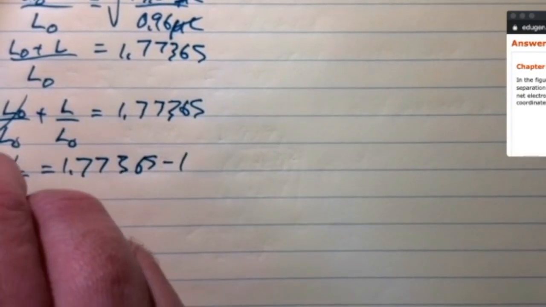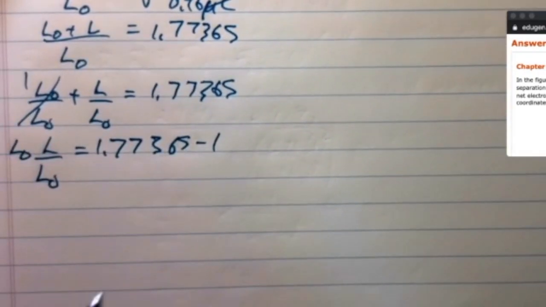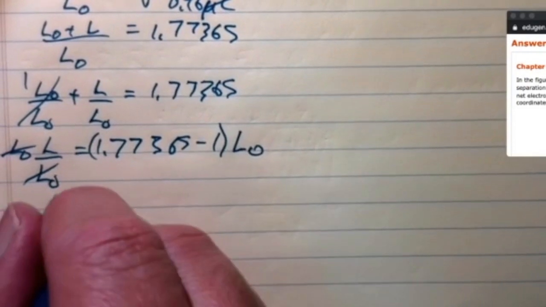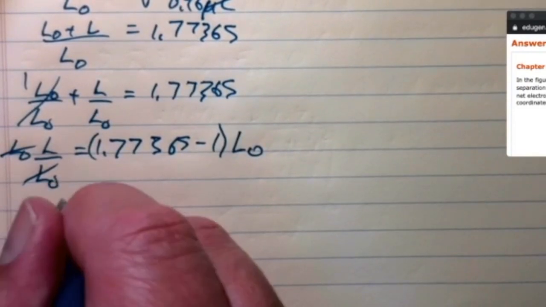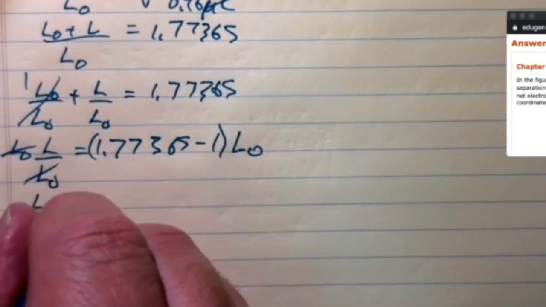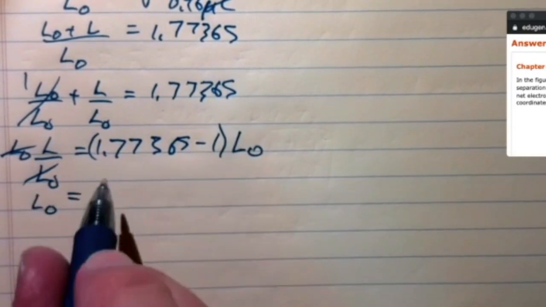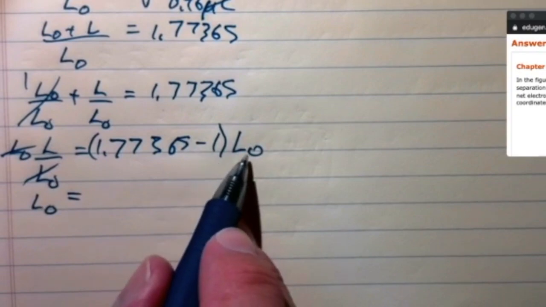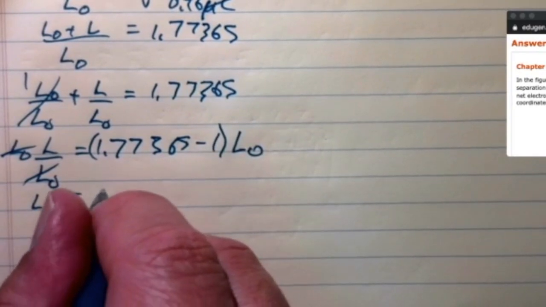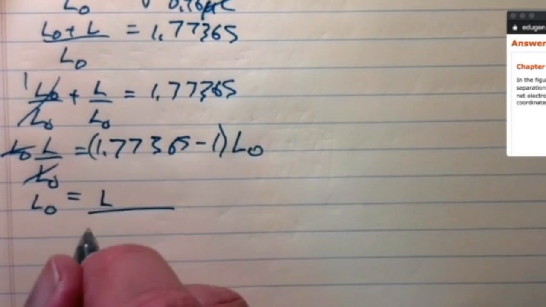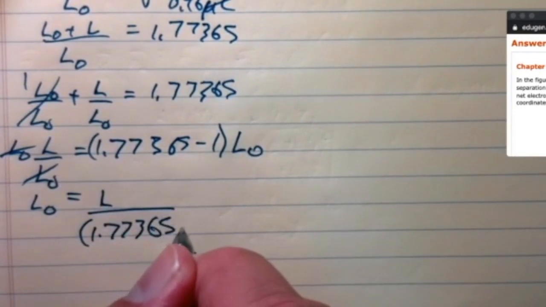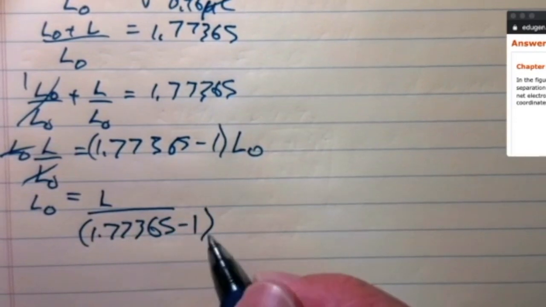I will multiply by L0 on both sides. These cancel. And so now I can solve for L0. I will divide both sides by 1.77365 minus 1. So my L0 will stay over here, and now I will get L divided by 1.77365 minus 1.